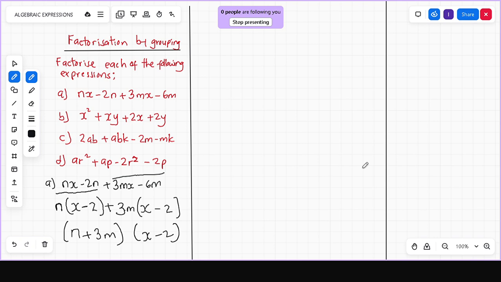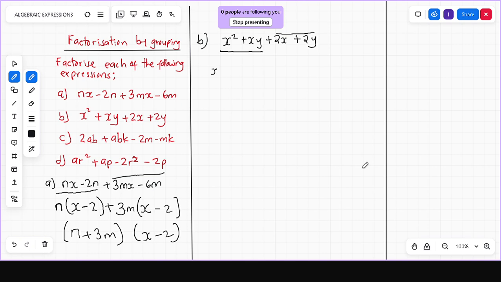Now when you come to part B, we've got x squared plus xy plus 2x plus 2y. These are unlike terms, so we are going to pair the first two and the second two. In the first pair, whatever is common is x.